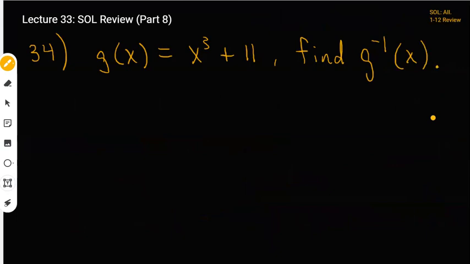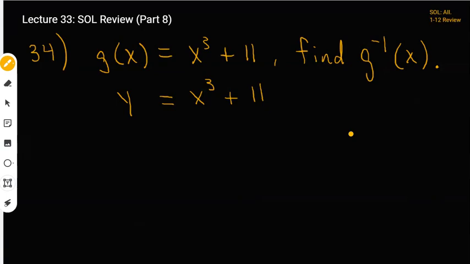So the first thing that I'm going to do is change my g of x into a y. So I get y equals x cubed plus 11. So far, so good. All I'm doing is changing the g of x into a y. So only this has changed.